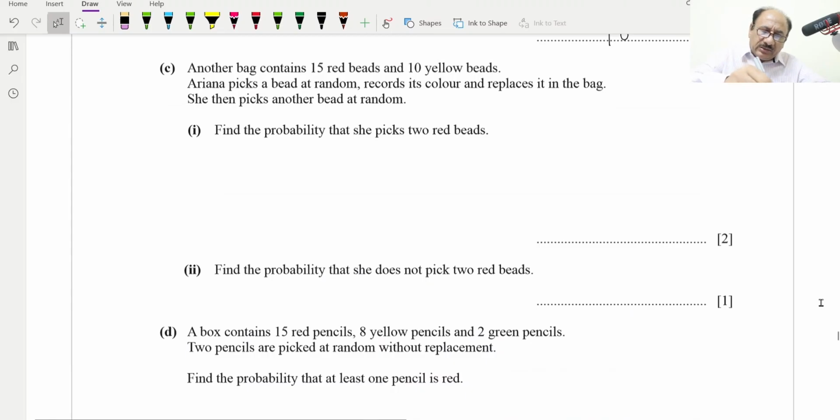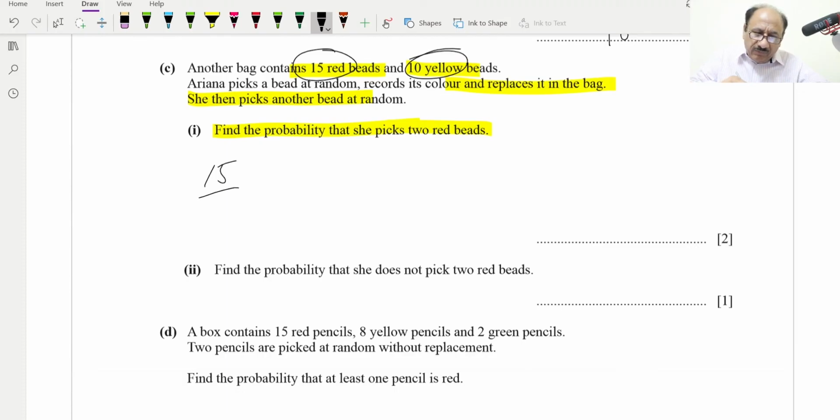Then another bag contains 15 red beads and 10 yellow beads. Ariana picks a bead at random, records its color and replaces it in the bag. So the situation remains the same. She then picks another bead at random. Find the probability that she picks 2 red beads. So the probability for red is 15 out of the total, which is 10 plus 15, so 25.